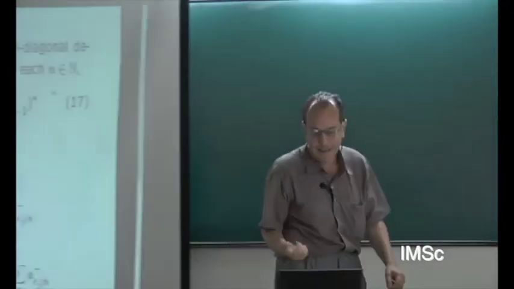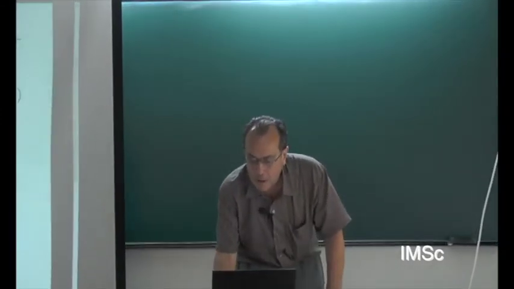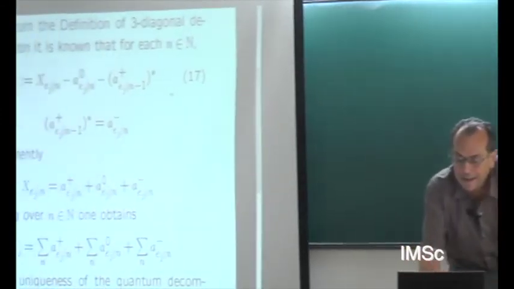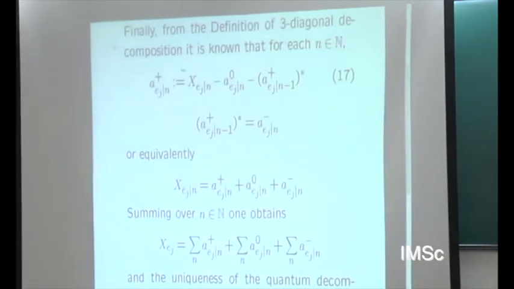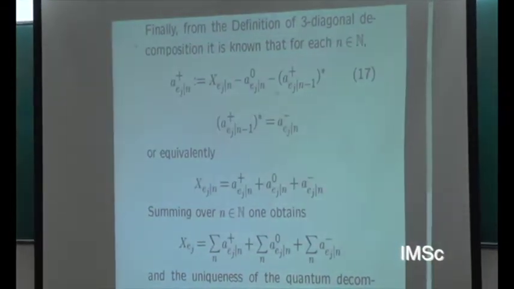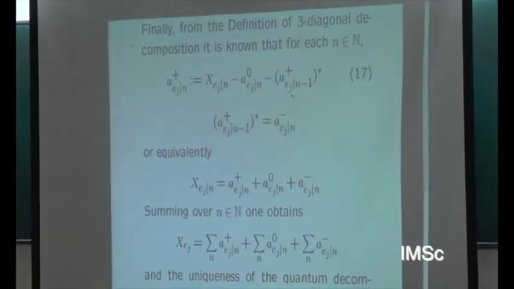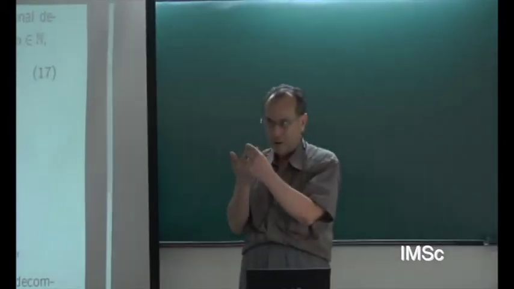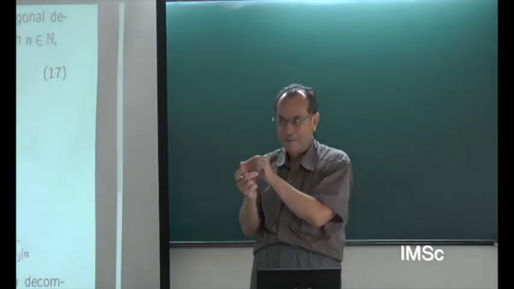Well, this is relatively simple now, because from the definition, we know, remember, this is an extremely important point when I said we have three objects for three-diagonal decomposition: the scalar product, the creator, and the preservator.